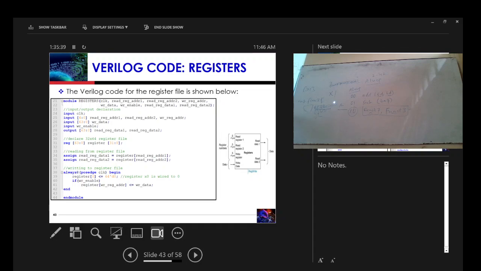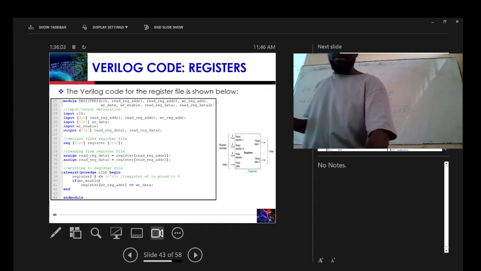So the code is here. We have read data 1 register, and then we give it the address for one of the ports. The other one is here. So this here is for reading. This here is for writing. You know that you have the writing code, right? You write it and then you give it the register, you give the address. The data will be written to that register. Understood?